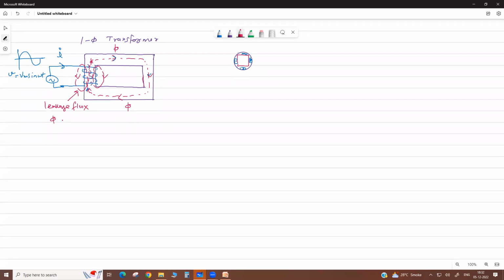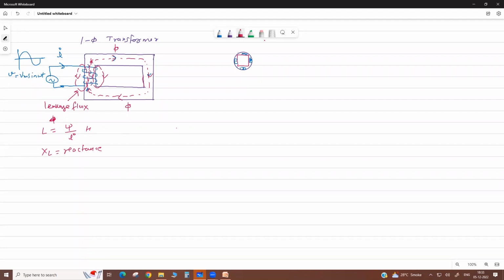Due to this leakage flux there is an inductance: total leakage flux divided by per unit current is an inductance in Henry. Then due to inductance there is a leakage reactance.